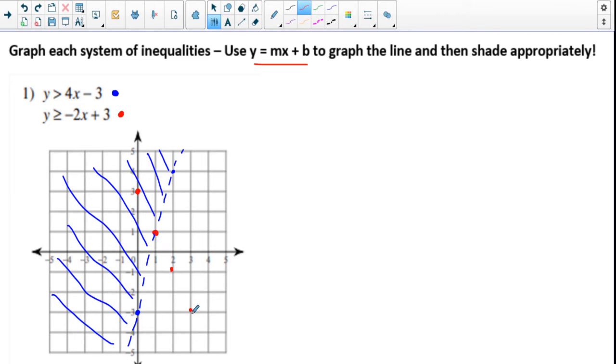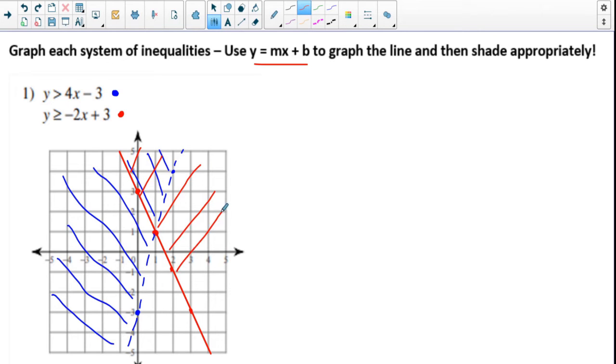And on this one, I am going to use a solid line because the line is included in that inequality. I have this little line underneath the greater than. So y is greater than this, and it's also equal to, which means I want to use a solid line for that. And again, y is greater than this, so I'm going to shade up from this line.